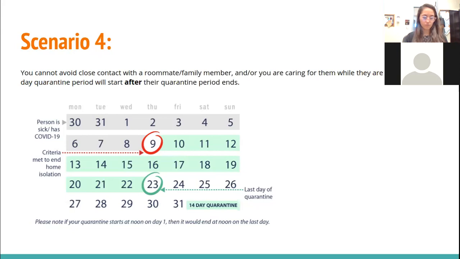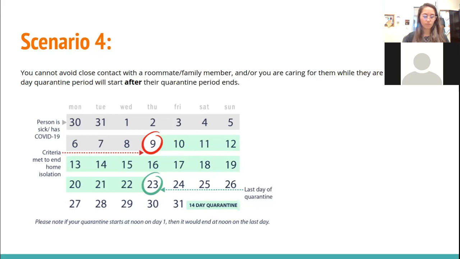So we're going to count 10 days from the symptom onset. So that's the 30th through the 9th is his 10-day period from symptom onset. And then my quarantine is going to begin on the 9th and go through the 23rd. My last day of quarantine will be the 23rd. I can return to work on the 24th.